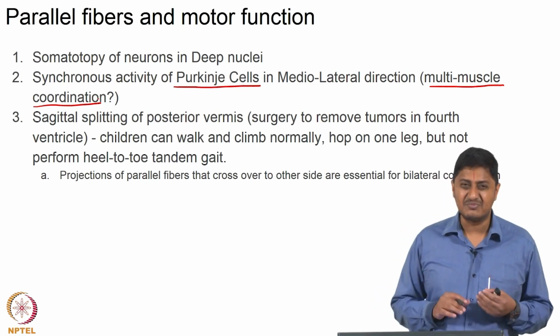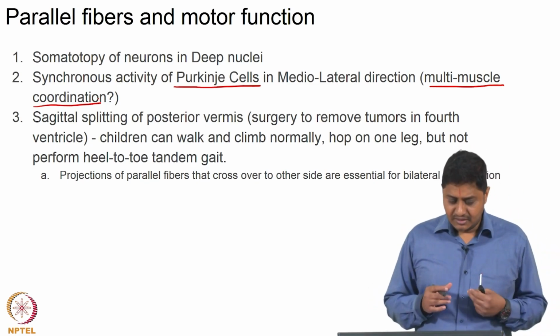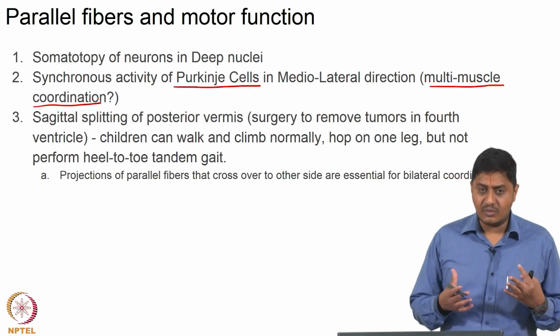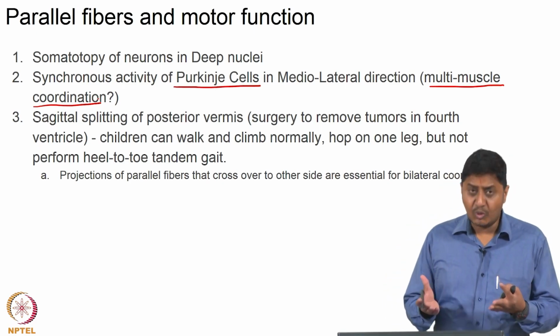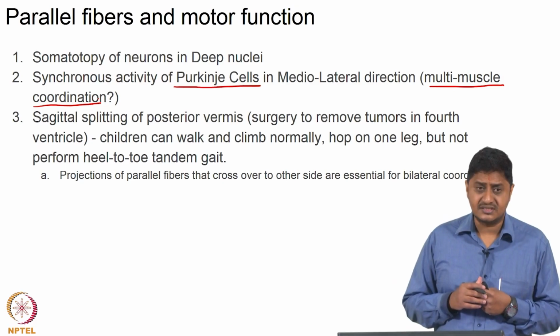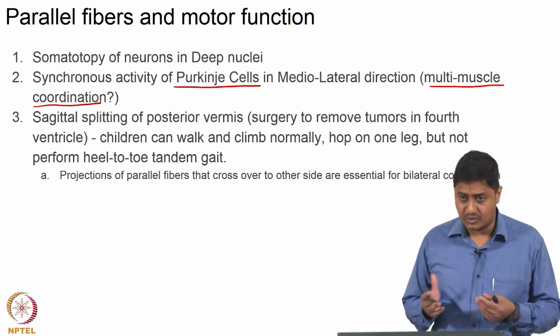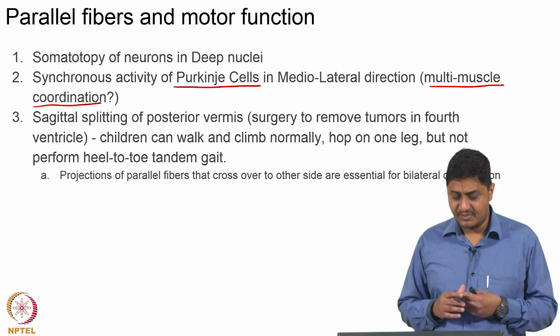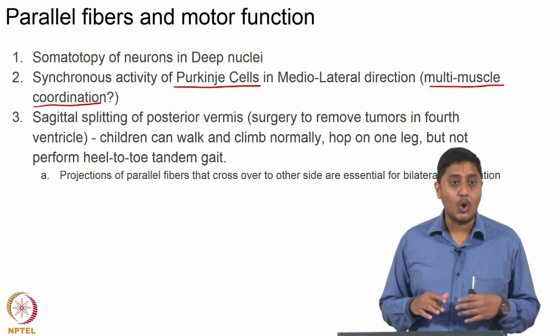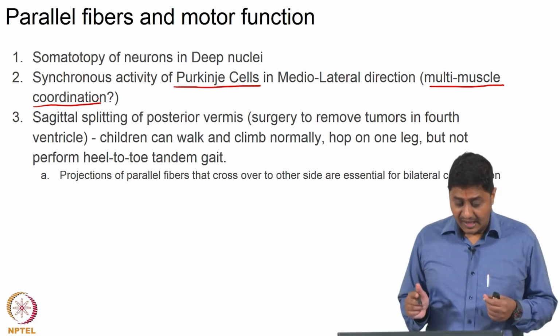So, that means multi muscle coordination. And we said that obviously the motor cortex is responsible for control of movements, whereas cerebellum is probably responsible for coordination of movements. Okay.